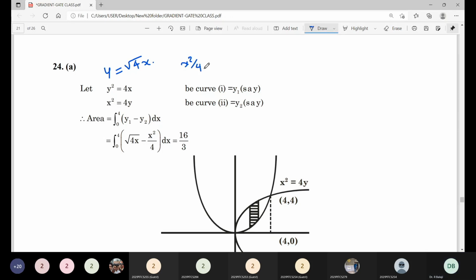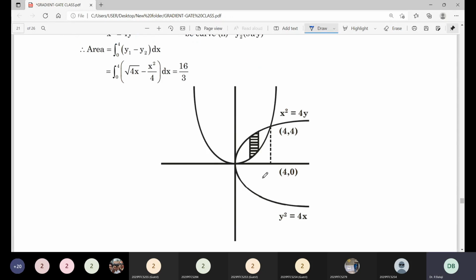Now, this is the vertical strip taken here. The strip lies between 0 to 4. So therefore, the integral from 0 to 4 of 2 root x minus x square by 4 dx.